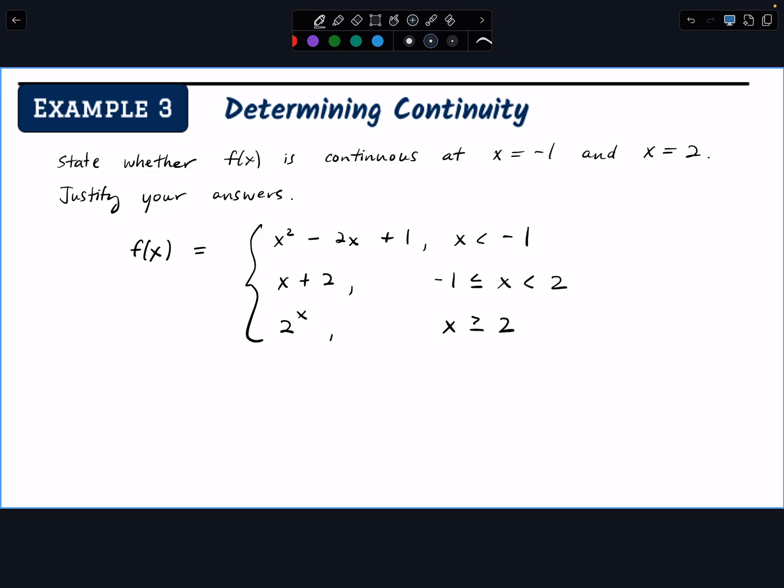Okay, so we're going to start with -1. So I'm going to call this part A. Now, I'm not trying to trick you guys.